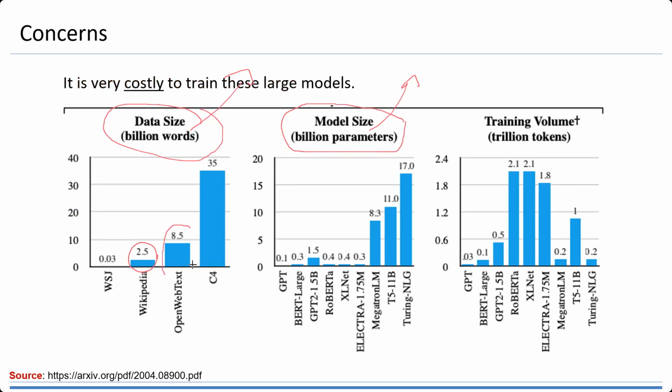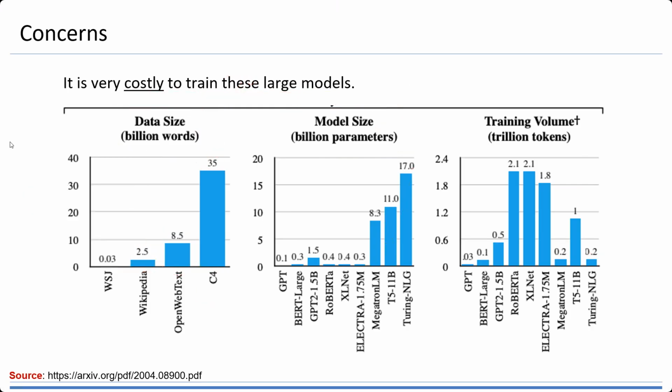Open web text, you have 8.5 million. And then the C4 data, we have 35 million words. And of course, it will increase the model size. And if the model size increases, then the training volume also increases. So it is very costly to train these large models.